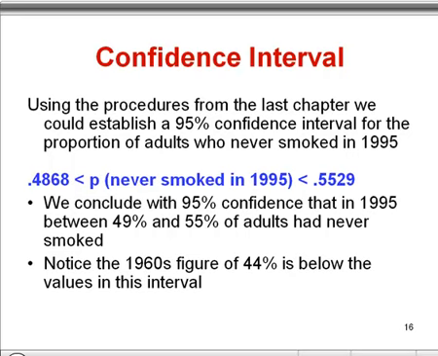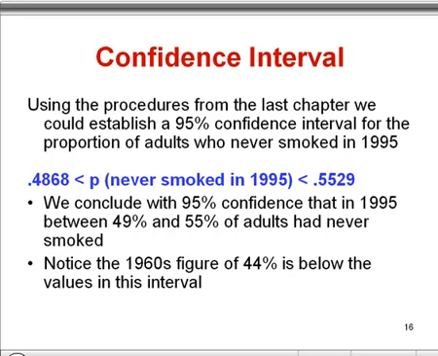Since in the 60s only 44% of adults were non-smokers, and this interval contains values that are strictly larger than 44%, we again have evidence that the percent of non-smokers was higher in 1995 than in the 60s.